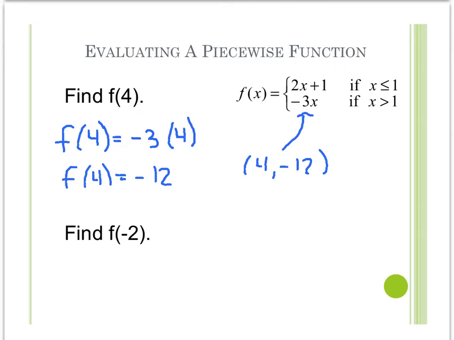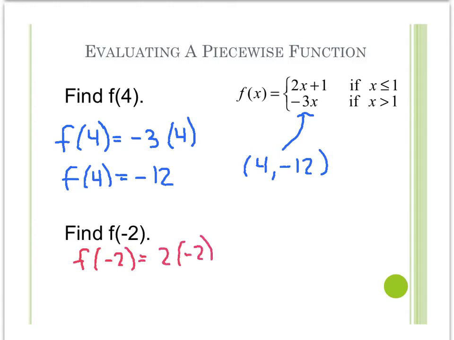Now, if I want to find f of negative 2, again, we're going to plug in negative 2 into my function and see where it falls. Is negative 2 less than or equal to 1? Yes, it is. So it's going to fall in this bucket, 2x plus 1. So f of negative 2 is going to fall into the 2x plus 1 bucket.